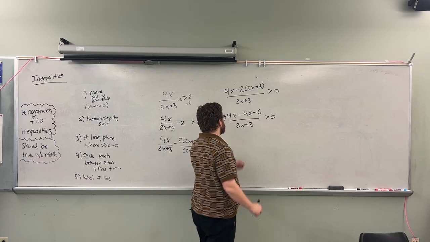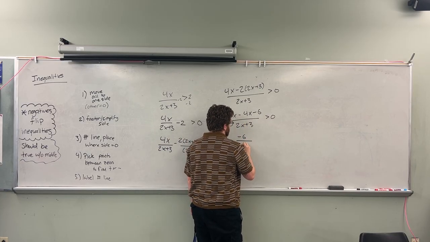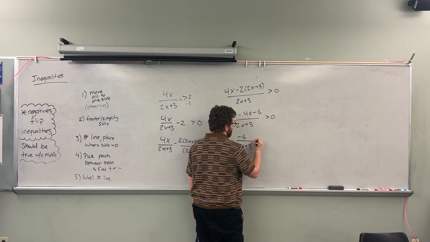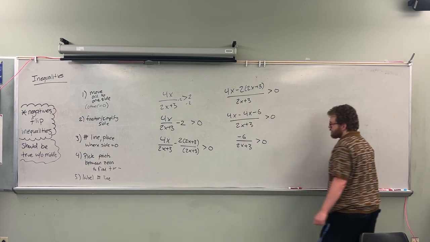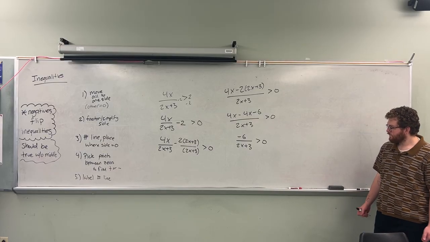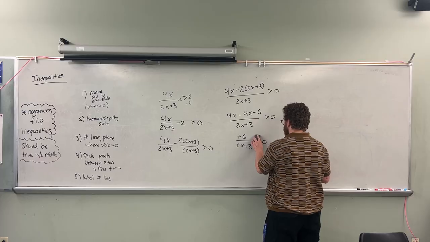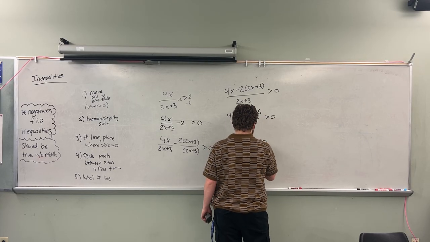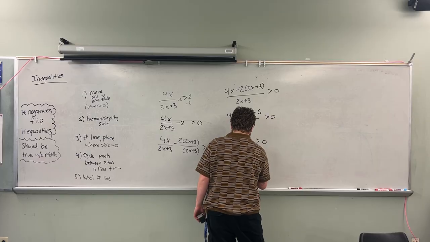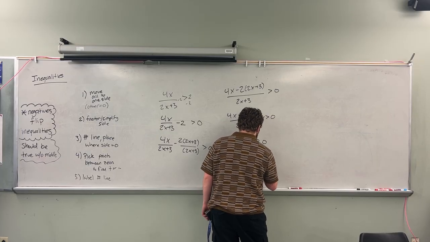And then lastly, these cancel, so I get negative 6 over 2x plus 3 is greater than 0. Or if I want to make this positive, I switch the sign. Actually, I'll write that as a whole different step. So 6 over 2x plus 3 is less than 0.